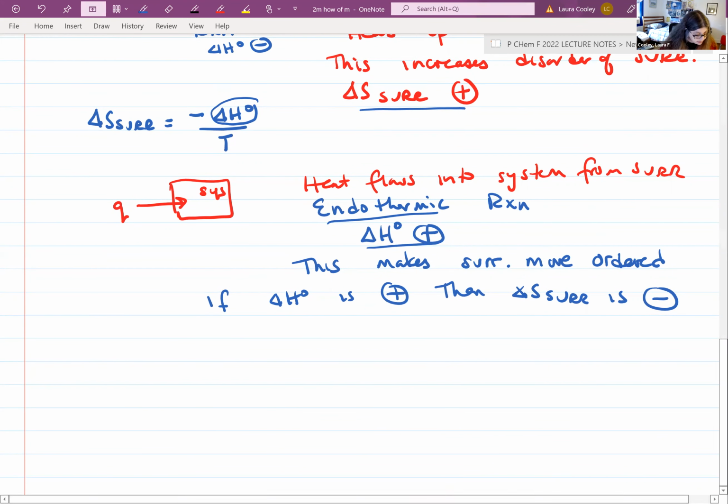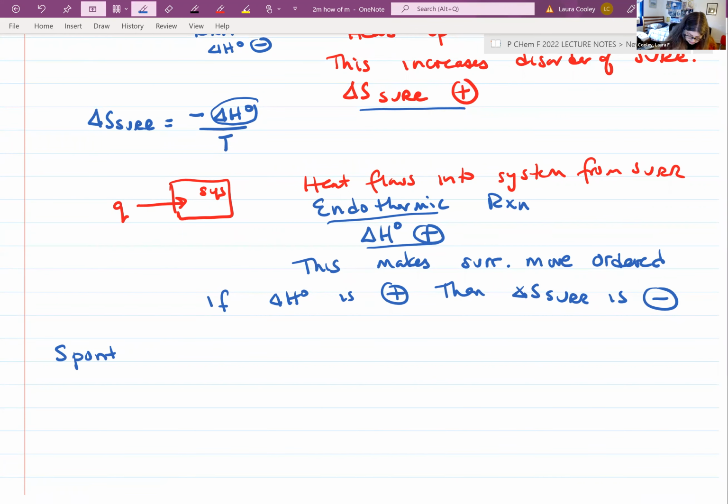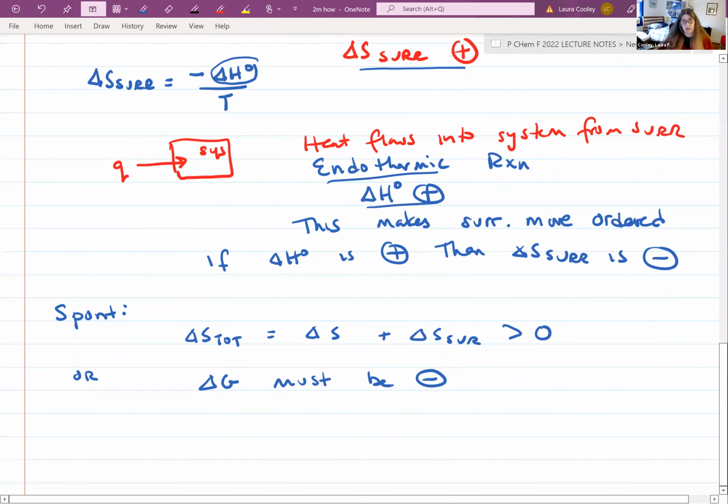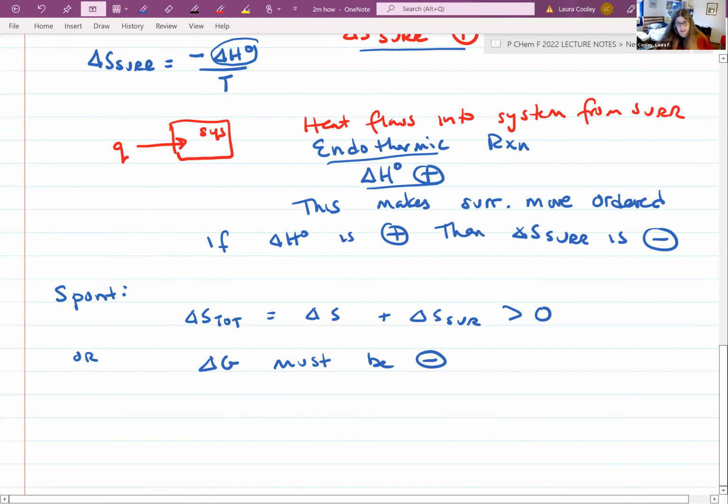So let's see. For spontaneity, again, we had delta S total, which is the sum of these two contributions, must be greater than 0, or delta G must be negative. I'm being a little sloppy about the notation here.